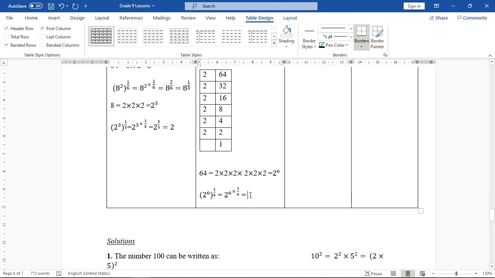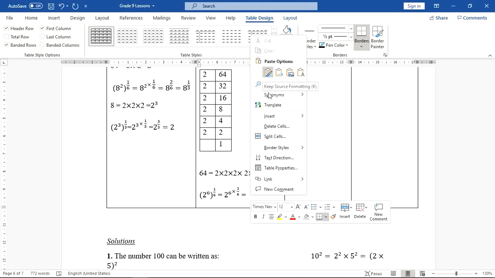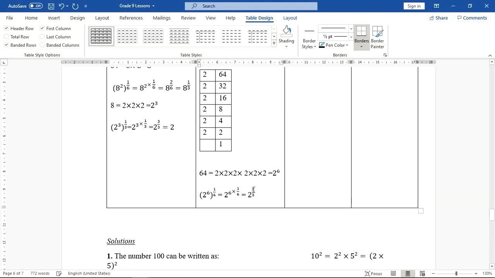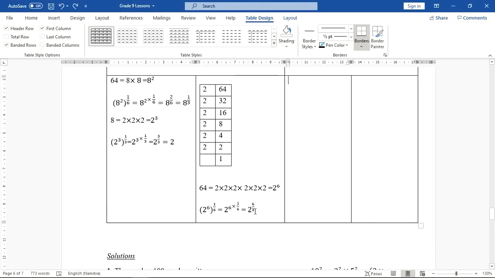Alright, so you can solve this in 2 different ways, but you're still going to get the same answer. Okay, so 6 divided by 6 is none other than 1, and 2 exponent 1 is just 2.